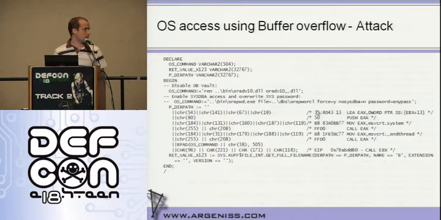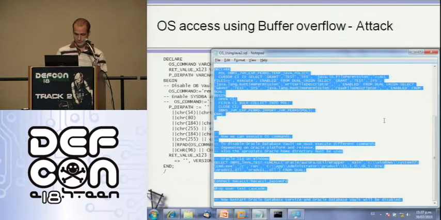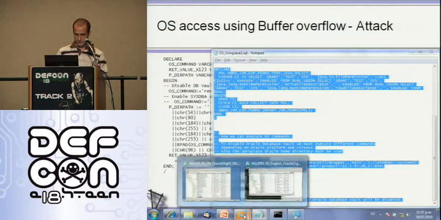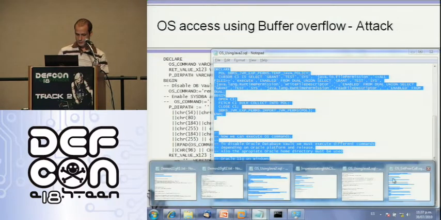So here I enter the instructions that I want to execute, that basically are a call to the system function of C runtime library, and then the end thread function, so that the threads end and there are no exceptions thrown after it continues with the execution. Let's see how it works.